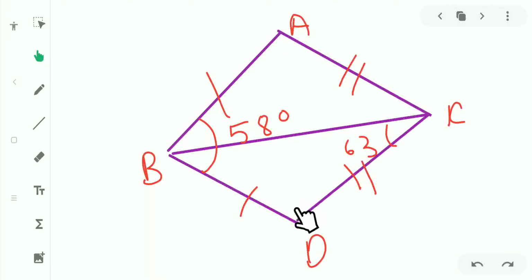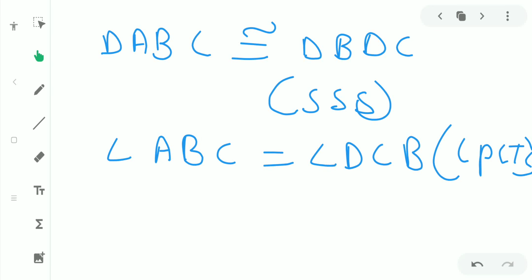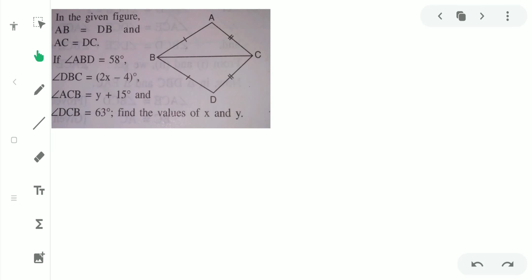So when we carefully place one over the other, we will have angle DBC. So it is DBC, not DCB, it is DBC. And now we have angle ACB is equal to y plus 15 degree.